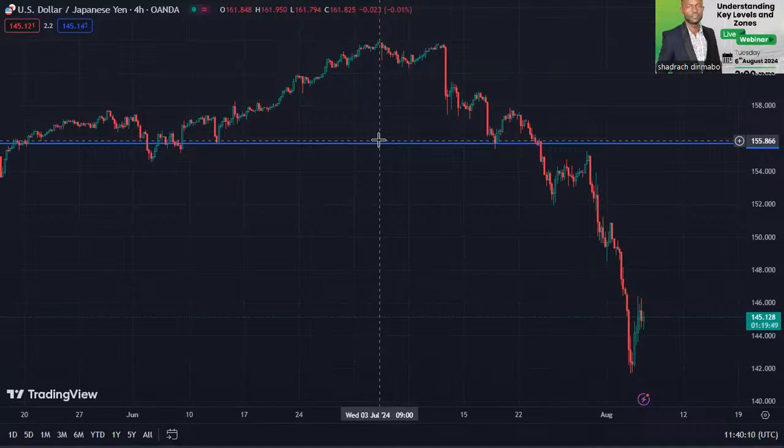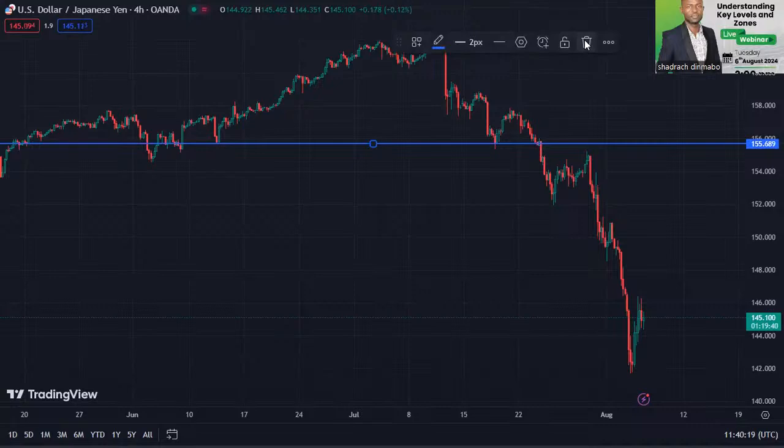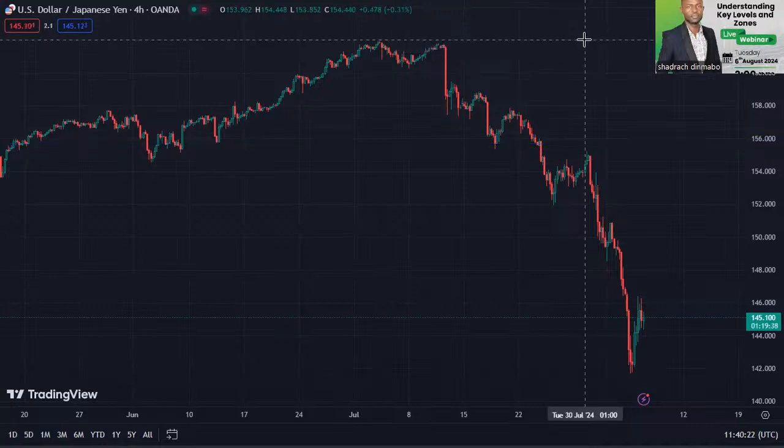It all depends on the time frame you're looking at. But of course, if you identify key levels at a higher time frame, it is stronger and may hold more weight than the ones at a lower time frame. So we'll be playing around with different time frames and probably look at different assets and how to identify these key levels.